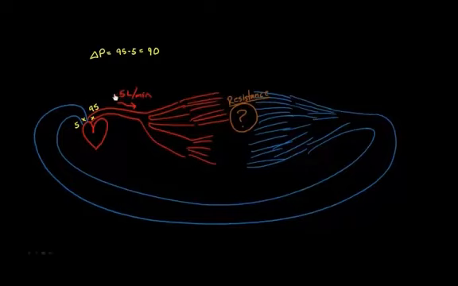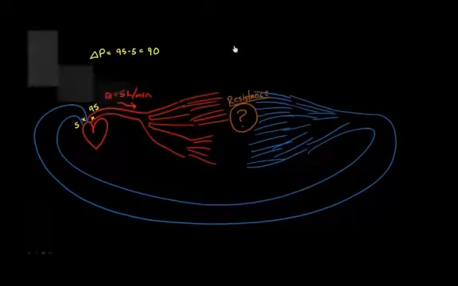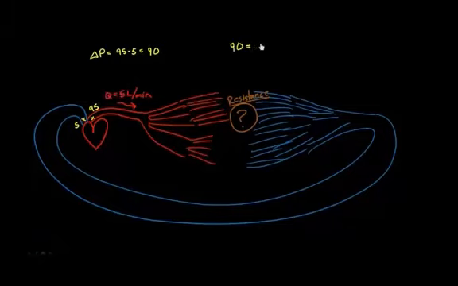And that was my Q. So I could say 90 equals 5 liters per minute. Actually, let me take a step back from that. Instead of 90, let me write the units. 90 millimeters of mercury, and 5 liters per minute. That was my flow. That's my Q.